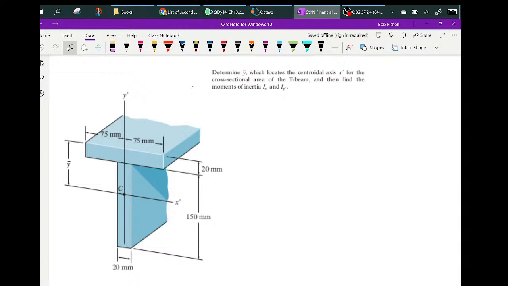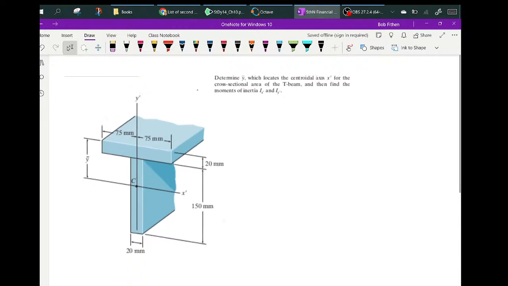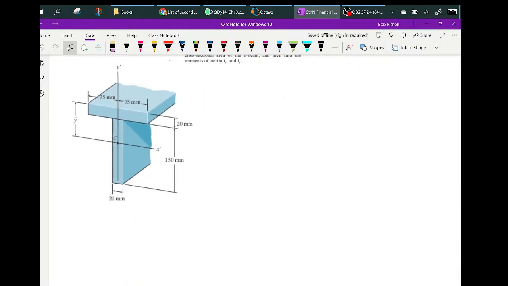First thing is determine the y bar. So what I'm going to do is identify this one as being 1, and identify this one as being 2. I'm going to try to make my tables as long as I can. I'm going to put my areas right here.